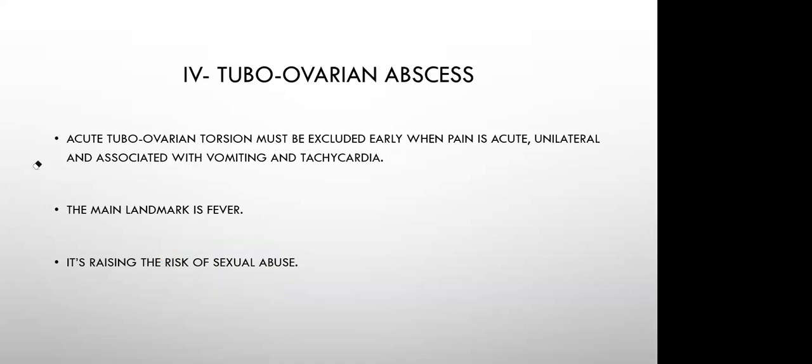So it's very important at that point with tubo-ovarian abscess, particularly in the exam, in adolescence, to think about sexual abuse risk. How to utilize this information?